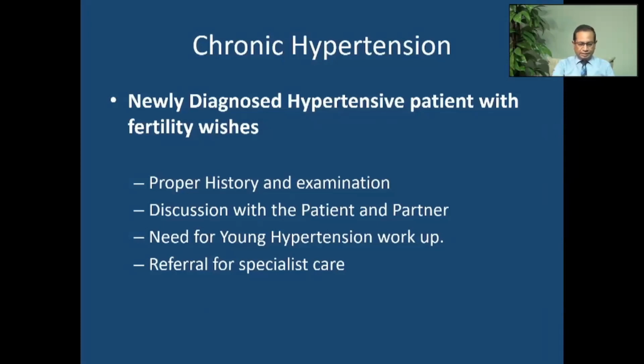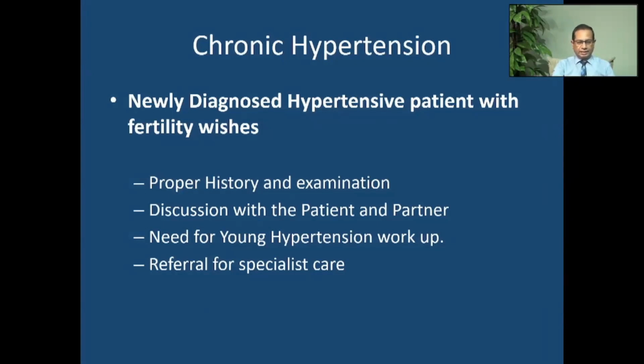And the other important aspect is, if this newly diagnosed patient is less than 40 years of age, then you have to decide whether this patient needs the young hypertension workup. So in this type of situation, it's always better to refer this patient to specialist care, because sometimes some of these investigations are unable to be done during pregnancy.